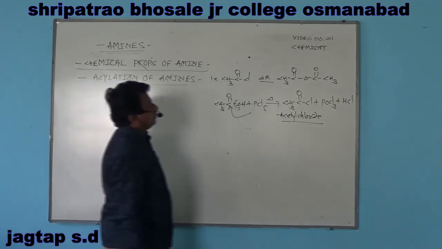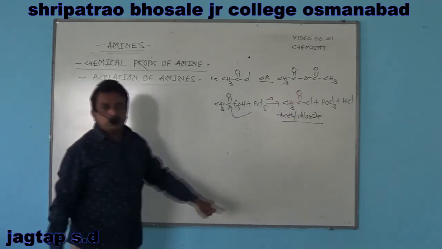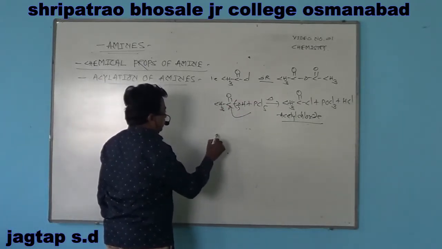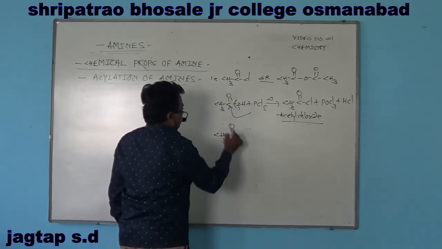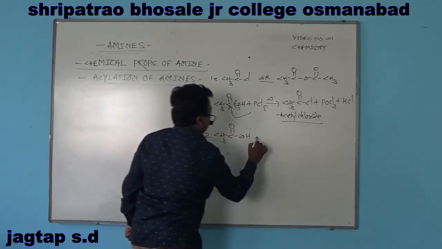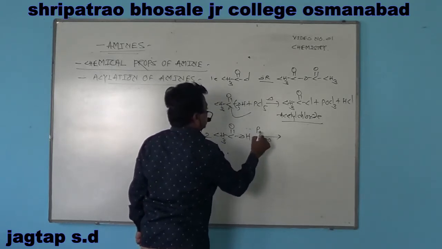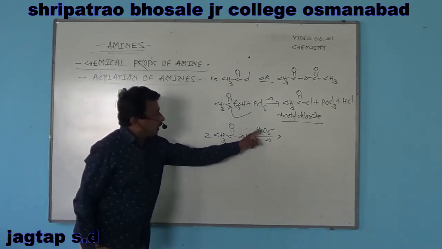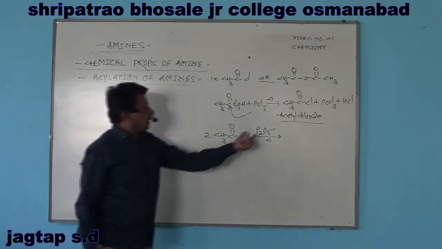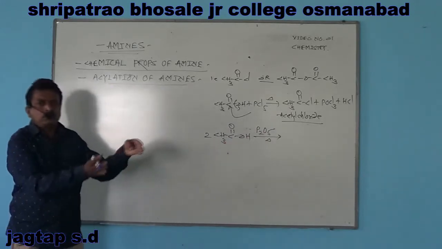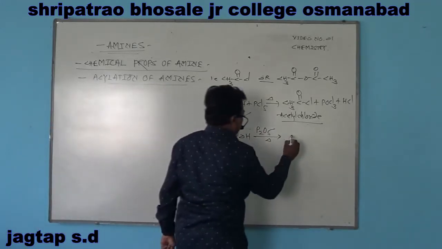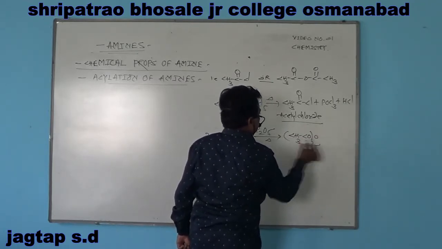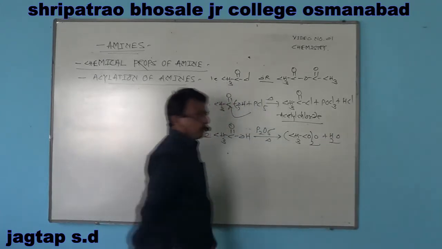Similarly, for acylation of amine, acetic anhydride is also used as an acetylating reagent and is prepared from acetic acid. That is, two molecules of acetic acid are strongly heated in presence of P2O5, a strong dehydrating reagent. In presence of the dehydrating reagent, a water molecule is removed from the two molecules of acetic acid and gives acetic anhydride, that is (CH3CO)2O plus H2O.